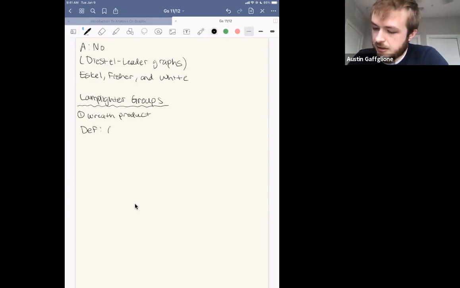Definition. Given that G and H are, I think for this notion of wreath product, they have to be abelian.